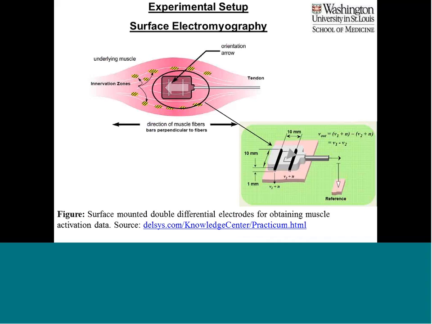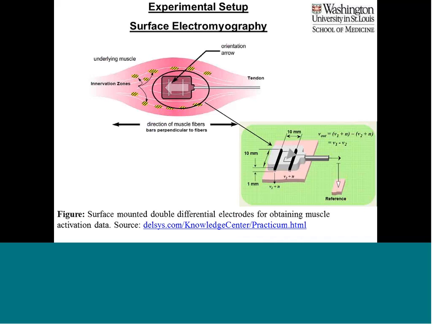So the surface electromyography sensors that I used were wireless Adelphys double differential electrodes. They were placed on the muscle belly with the metal parts oriented perpendicular to fiber directions. They were placed on, as I mentioned before, the quadricep femoris, the vastus lateralis, the bicep femoris, and the gastrocnemius on both legs.